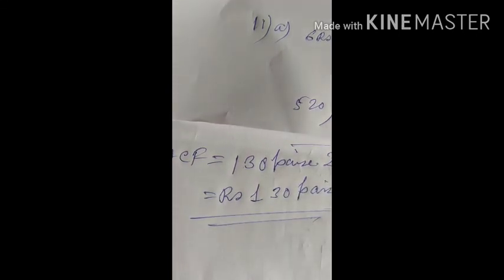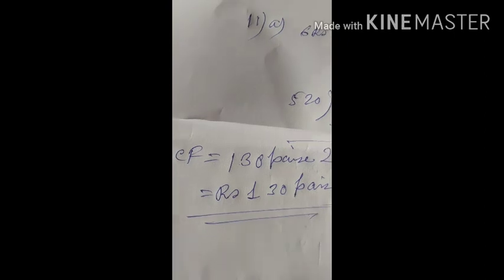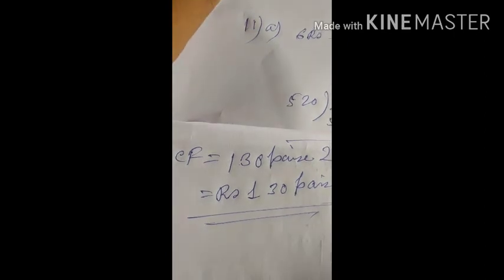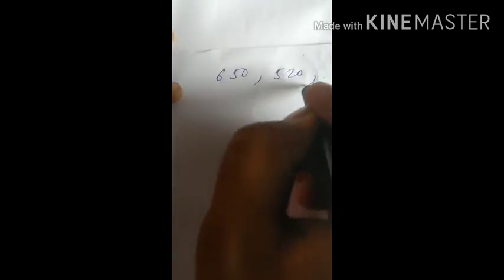And now we are going to find the LCM. We can find the LCM by the prime factorization method, and here we have to write 650, 520 and 780.